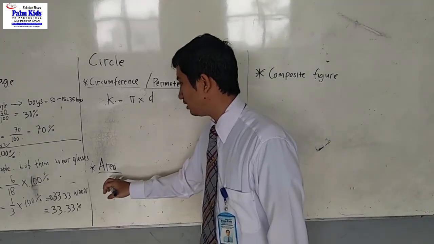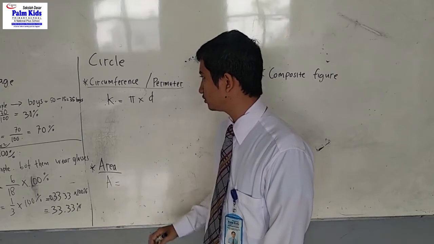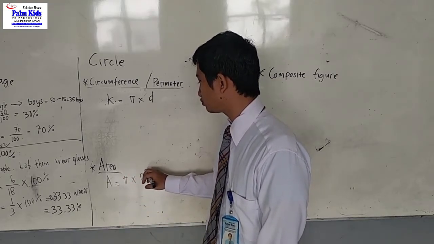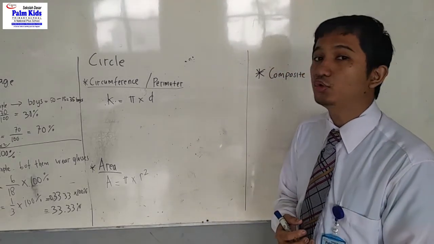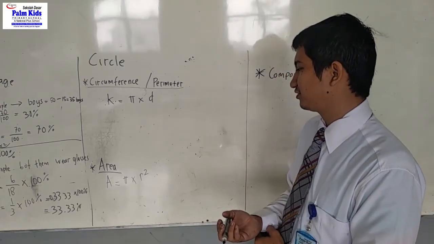And if you have to find the area, or luas, A equals pi multiplied by r squared, the radius to the power of 2.